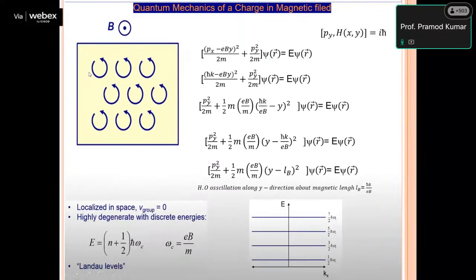Whenever we have a material, we have n numbers of atoms within it, so we have n numbers of electrons. Whatever electrons we have here are going to move in circular orbits with the cyclotron frequency. This one moves here, this one here, and this one here. But there is one major difference. Just assume you have some electrons here and some nuclei here. Is it possible that this electron will complete the path? No, this electron will not complete the path.